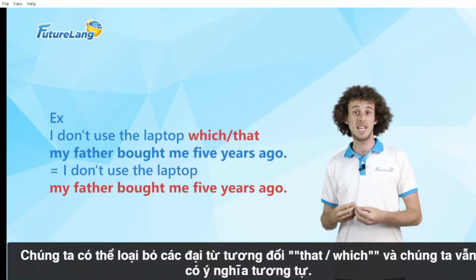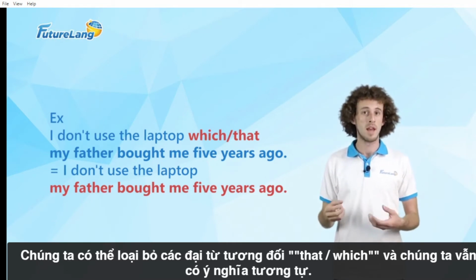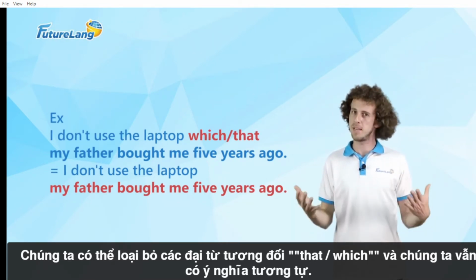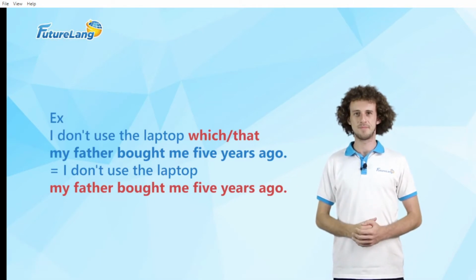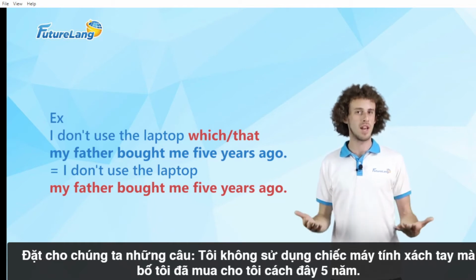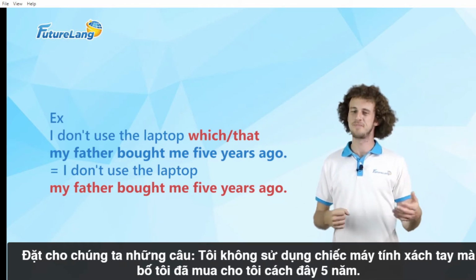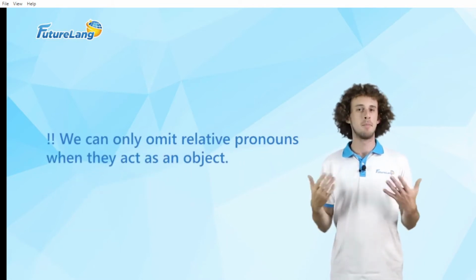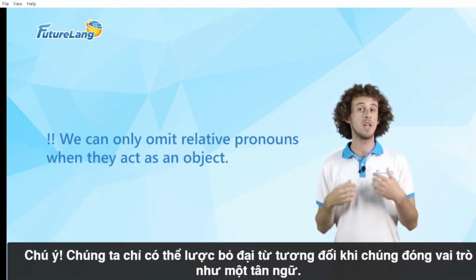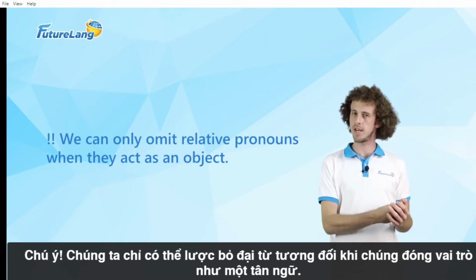So, we can leave out the relative pronouns that or which, and we will still have the same meaning. Giving us the sentence, I don't use the laptop my father bought me 5 years ago. Pay attention. We can only omit relative pronouns when they act as an object.